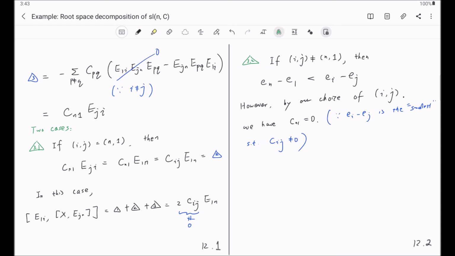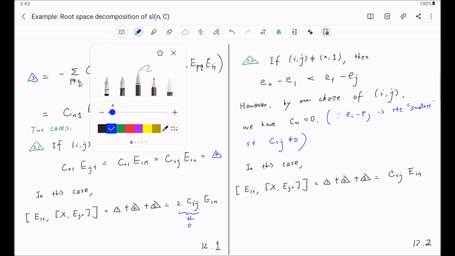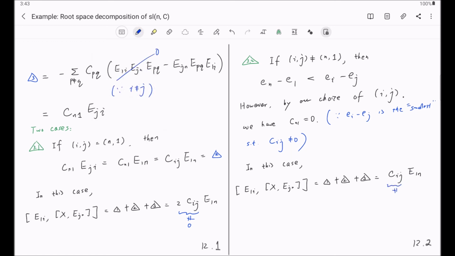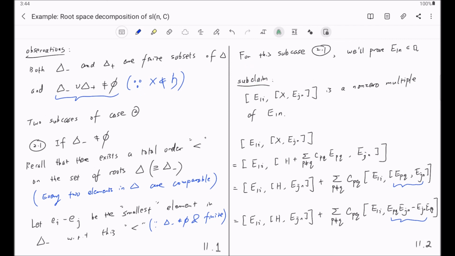So, in this case, this is equal to just the part 2, which is c_{ij} times e_{1n}, a non-zero multiple of e_{1n}. And this finished our proof of the subclaim.